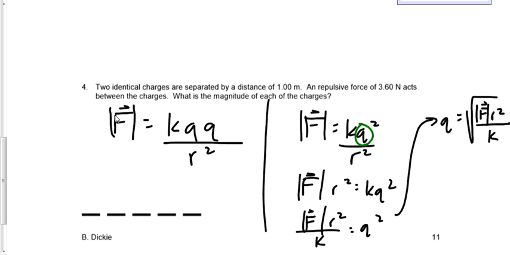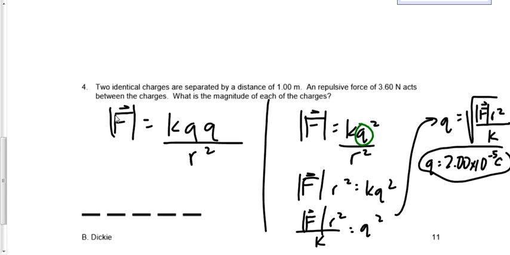I can sub the numbers in there if you guys need me to, but if you're comfortable with where we're at here, then I'll just skip that. Good. Okay, the answer, by the way, worked out to be 2.00 times 10 to the negative 5. Yep, good.